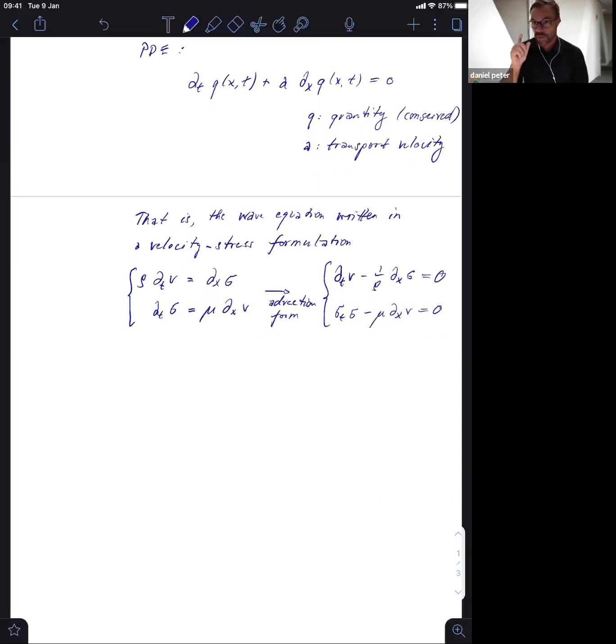And so we can put these two equations together, but just using a vector Q, let's call it capital Q, which is a vector with the velocity and the stress. And our matrix A, which we can write in this form.